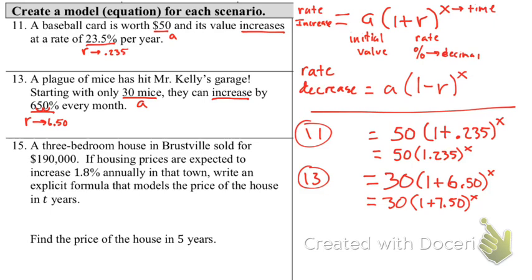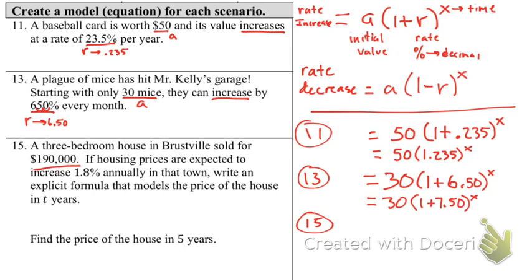15. All right, a 3-bedroom house in Brunsville sold for $190,000. If the housing price is expected to increase 1.8% annually in that town, write an explicit formula that models the price of the house in T years.